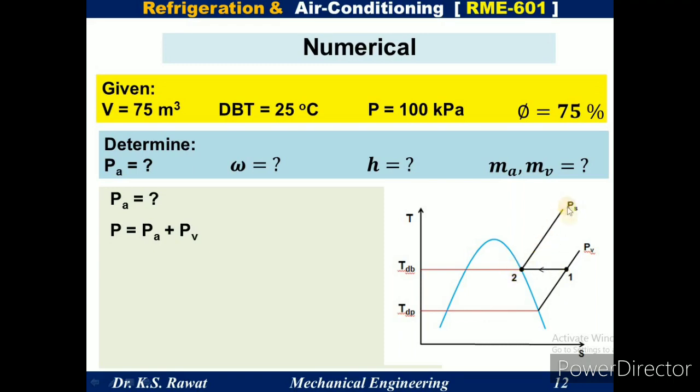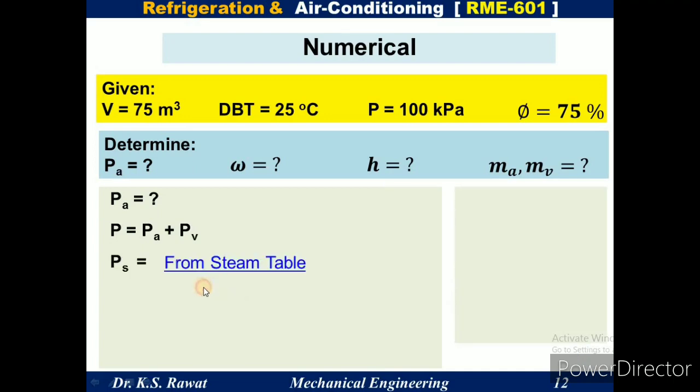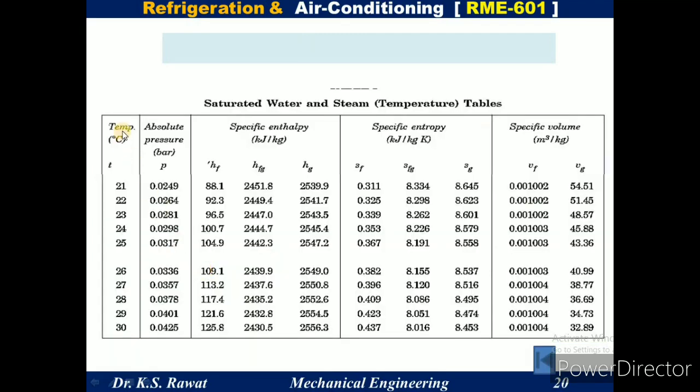PS is the saturation pressure at temperature TBD. We have a dry bulb temperature which is 25 degrees centigrade, and at this temperature we can calculate the value of PS when the air is saturated. The value of PS can be calculated from the steam table. So let's see the steam table. There is a temperature, and this is the absolute pressure.